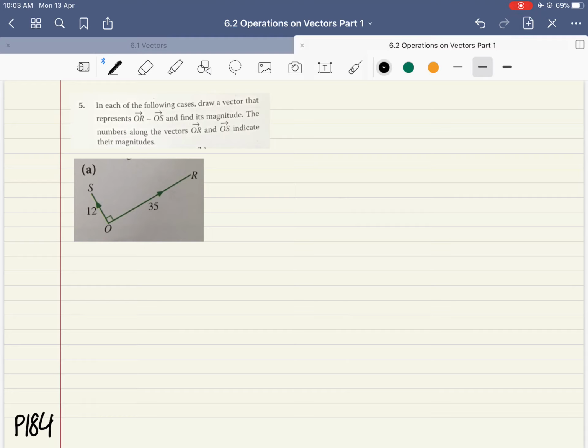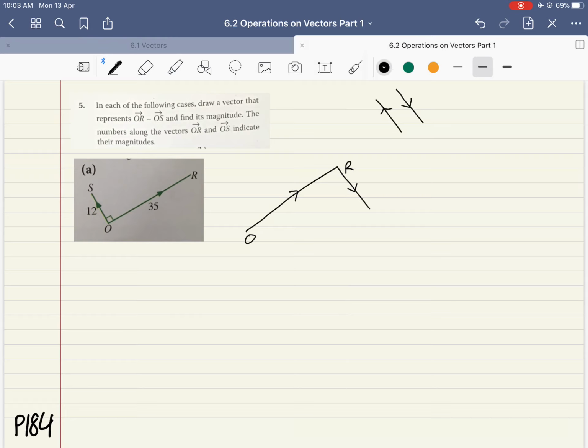Okay, we are on question 5 on page 184. So now they want me to find OR minus OS. Very quickly, this is similar to what we have done earlier on in the topic. So if vector OR is this minus OS, if positive OS is this, negative OS will be going the other way.